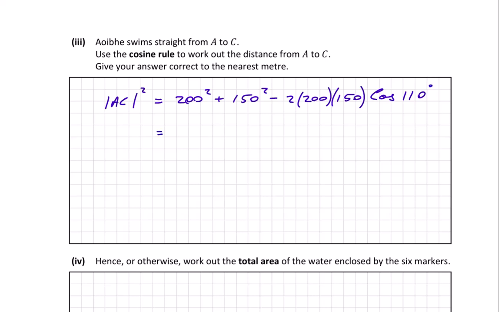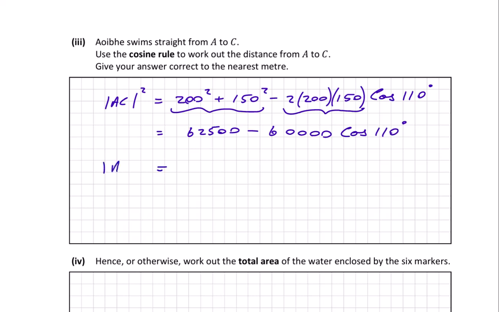If you do these two first, you'll get 62500, and then if you do these ones, you'll get minus 60000, and then we've got the cos of 110 as well.